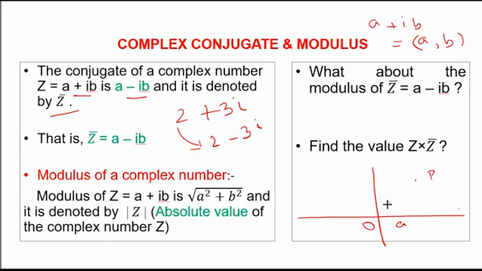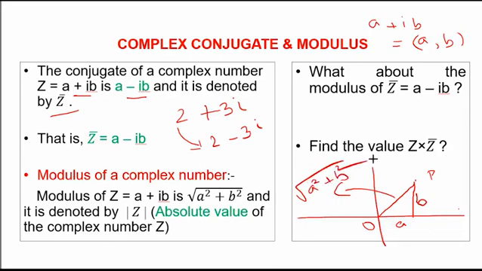Let me consider this as the point P and join OP, and draw a line perpendicular from P to the base x axis. So this perpendicular length is b. So what is the length of OP? By using the Pythagoras theorem, the sum of the squares of the two sides, that means square root of a square plus b square. So OP is nothing but square root of a square plus b square.